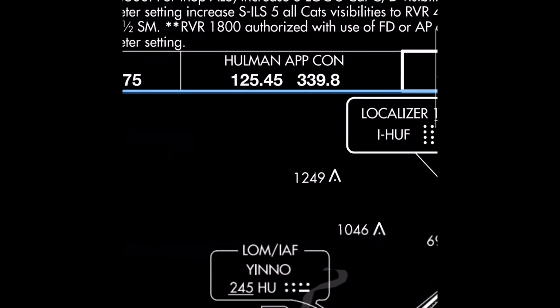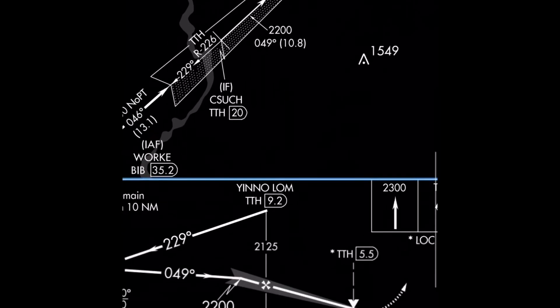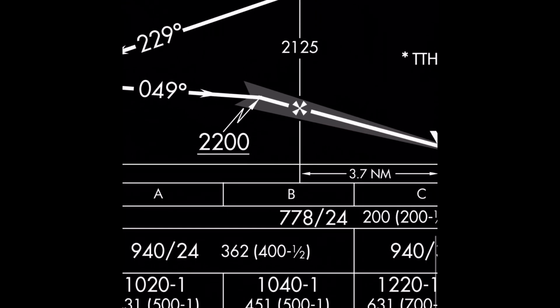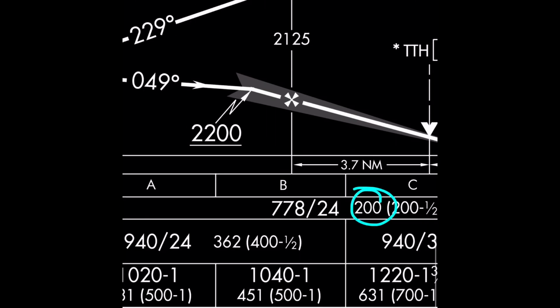Why is that important? Well, it's important because the touchdown zone elevation is actually what our minimums are based off of, okay? So it's 200 feet above our touchdown zone elevation, TDZE.